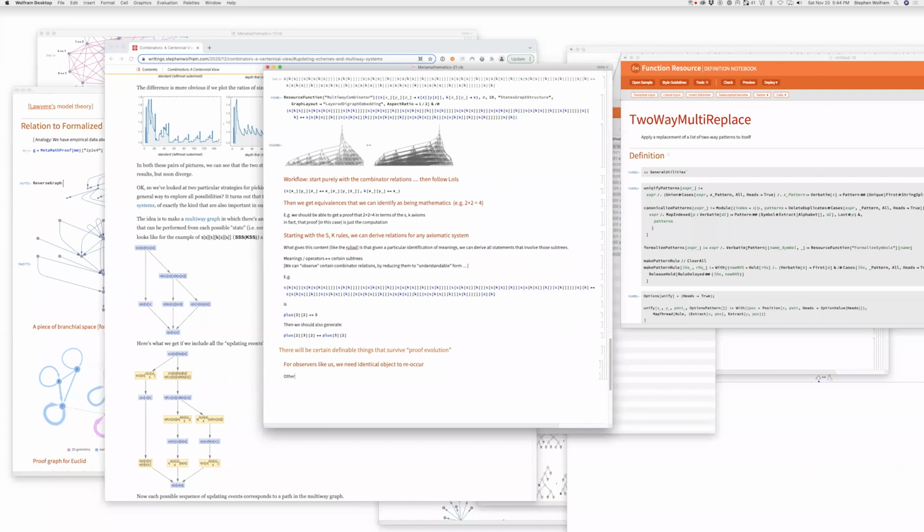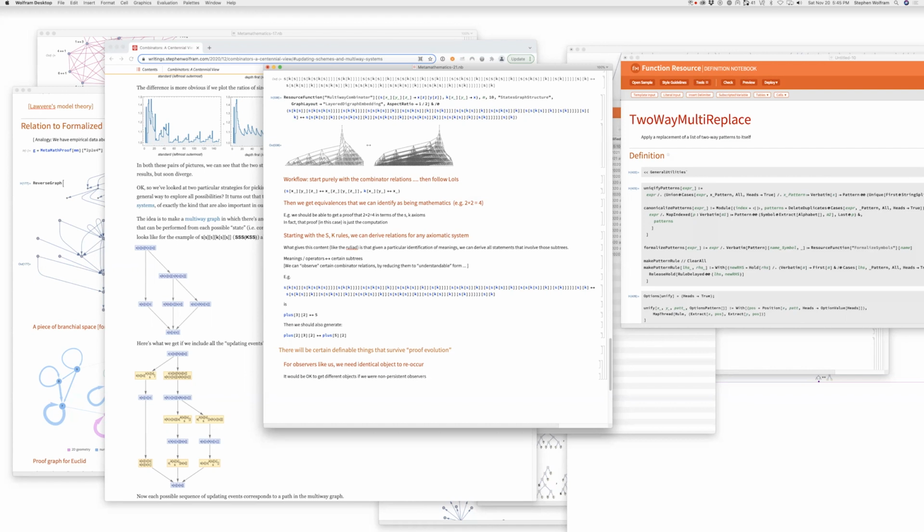Otherwise, it would be okay to get different objects if we were non-persistent observers. That's a peculiar statement. In other words, the fact that we need identical objects is a consequence of the fact that we believe in some kind of permanence.